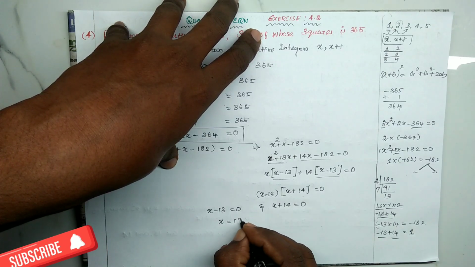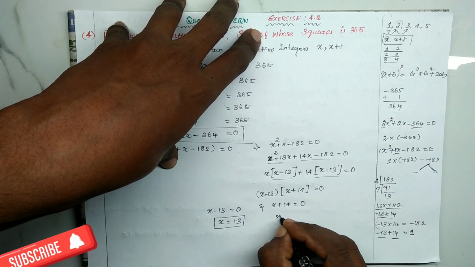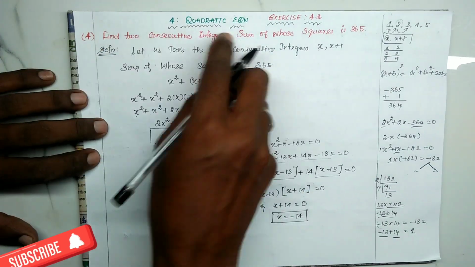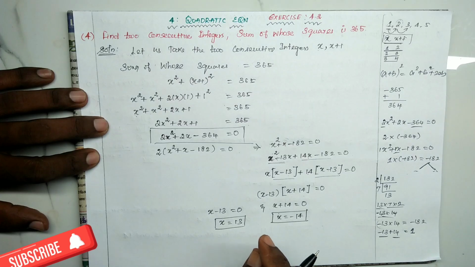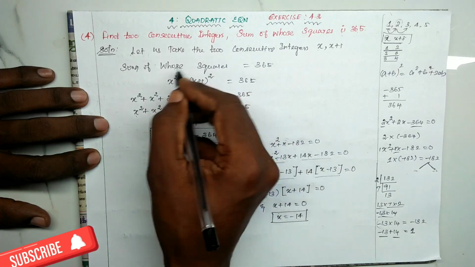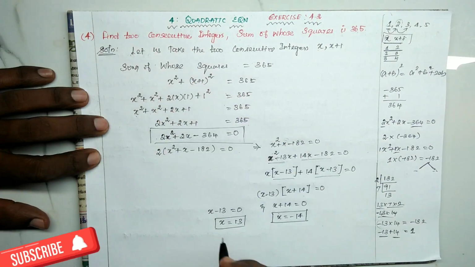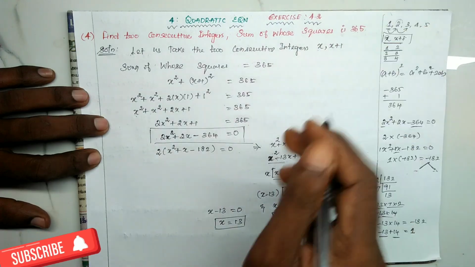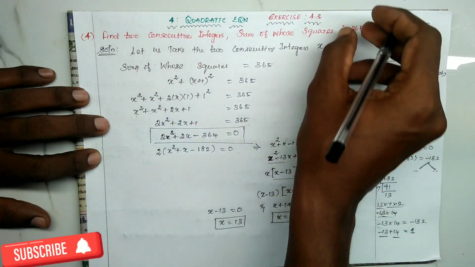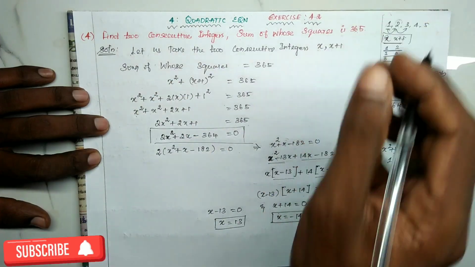Now the x value here is 13 and the x value here is minus 14. So finally the two consecutive integers are 13 and 14, sum of whose squares is 365. If we substitute these two numbers in this, we get the answer 365.